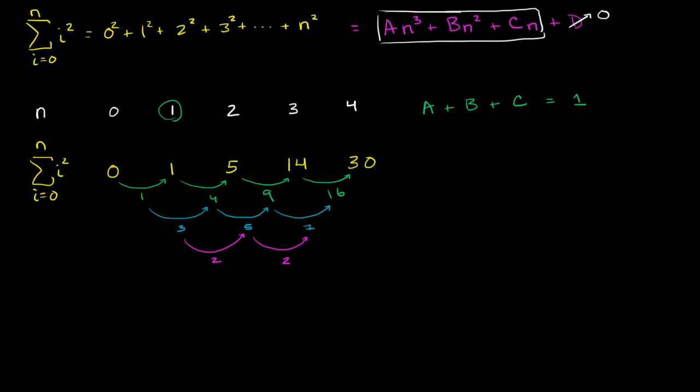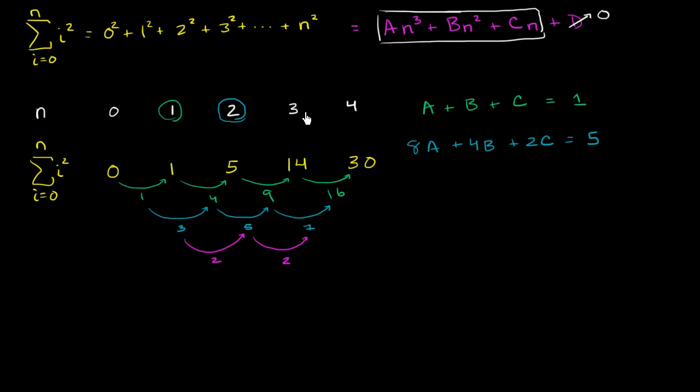Now, when n is 2, we have a times n to the third, so that's 8a, plus 2 squared is 4, plus 4b, plus 2c needs to be equal to 5. And I need to set up 3 equations if I want to solve for 3 unknowns.